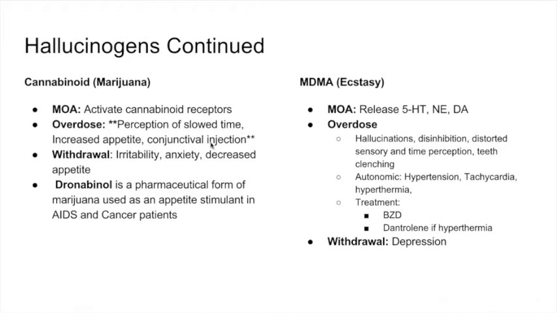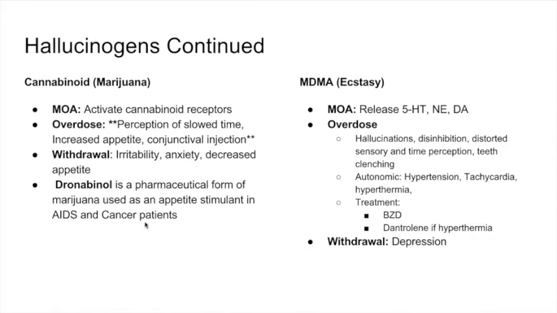So the eyes get kind of red. Withdrawal is irritability, anxiety, and decreased appetite. And people have made use of this increased appetite to make a pharmacological form of marijuana called dronabinol, and it's used as an appetite stimulant in AIDS and cancer patients.